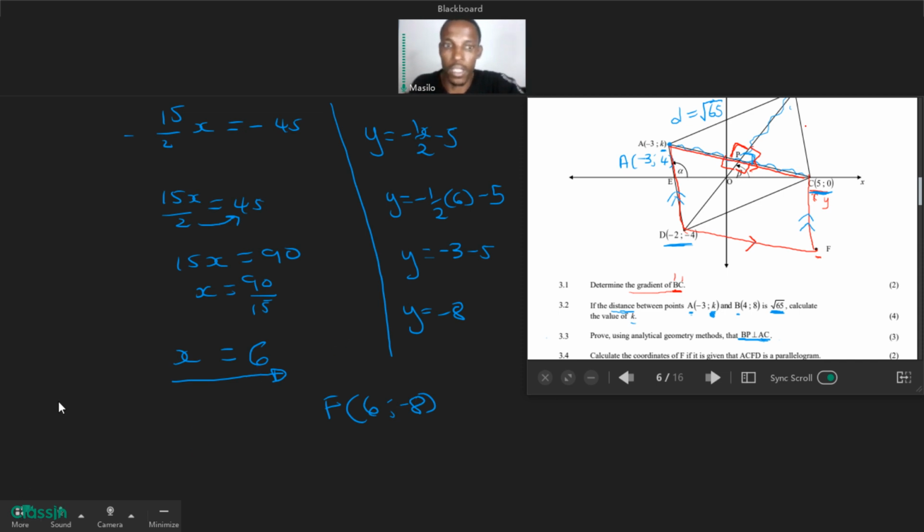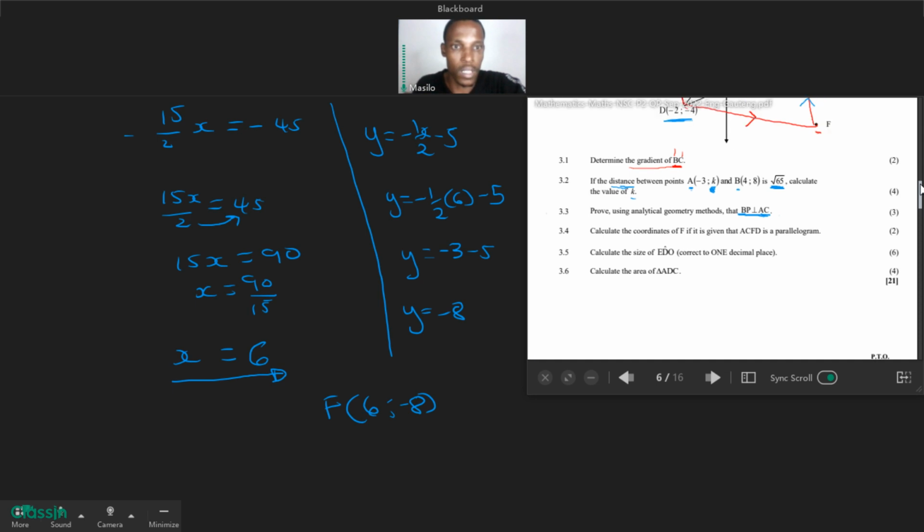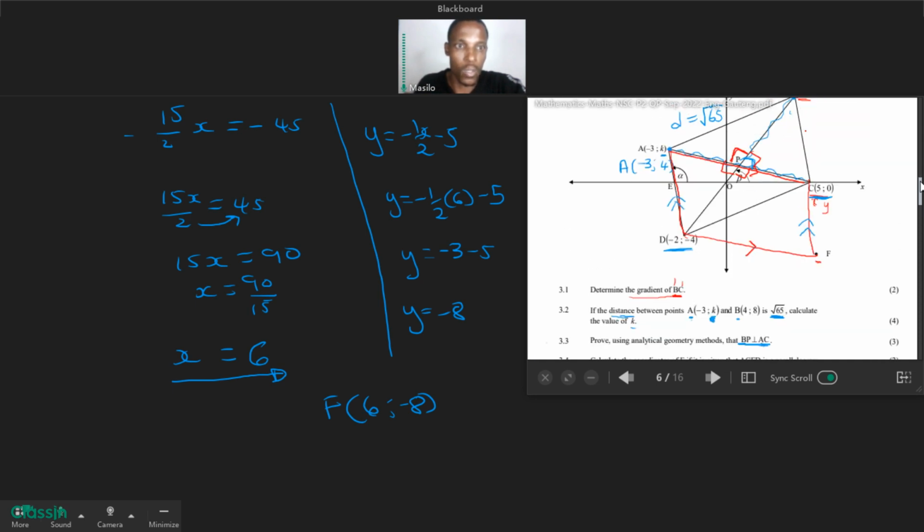So that is the end of the... Oh, let me check if we still have other questions relating to this. Okay, now it says calculate the size of EDO correct to 1 decimal. Now let's check what is EDO.